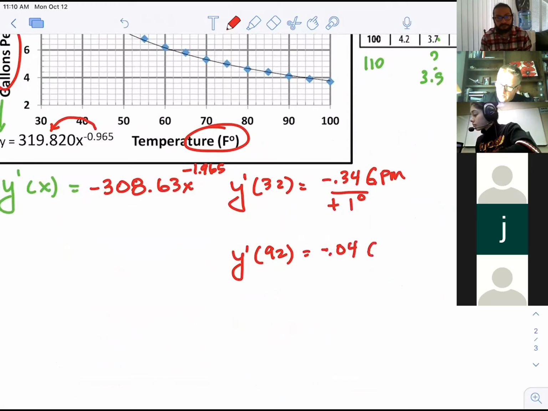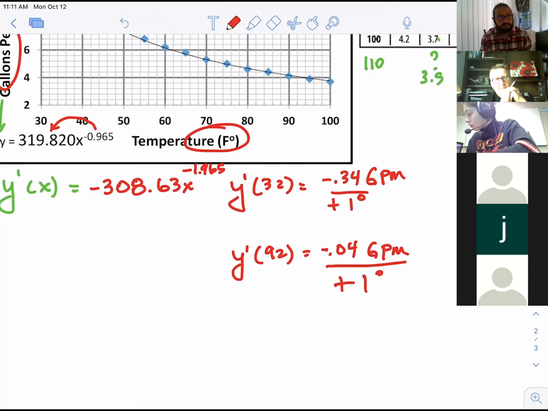But notice out here, same thing, it's still over 1. Why would that be so much smaller? Well, 92 degrees is already a lot to increase the water. And so if you only increase it 1 more degree, I mean, what's $1 more?